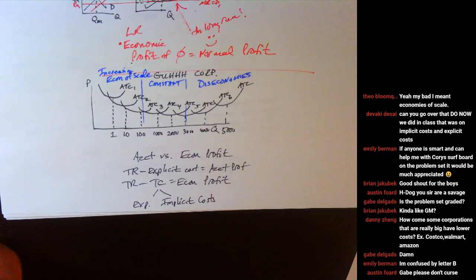How come some corporations that are really big have lower costs? They sell a lot. I guess the key is really not with revenue, but especially with Walmart, they can keep their costs low. They do such a good job at dictating how much the cost of the product is from suppliers, so they can really keep their prices low.